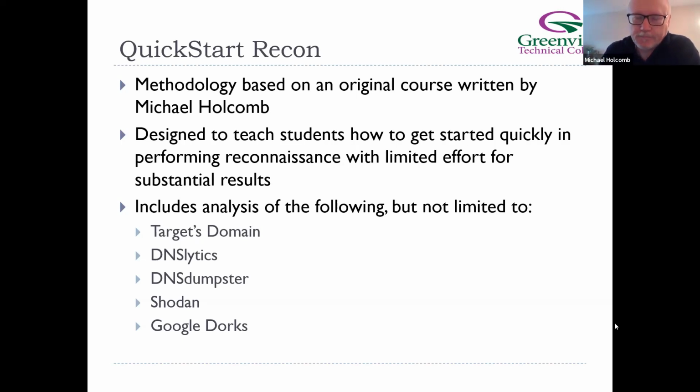So with QuickStart Recon, the idea is I'm a big fan of the 80-20 rule, or Pareto's principle, where depending on what we're looking at, we can always bring up the 80-20 rule. If you work in business, or maybe own your own business, they always talk about 80% of your profits coming from 20% of your clients, which is an interesting way to look at it.